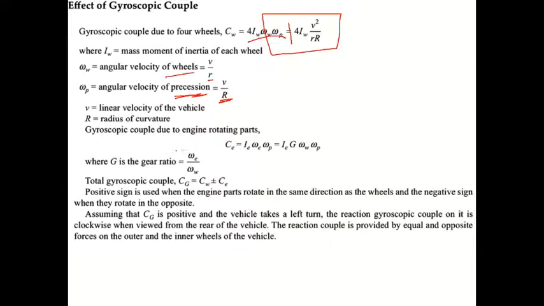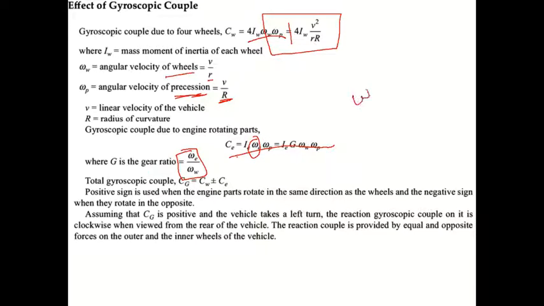Similarly, the engine parts are also rotating. The piston is rotating continuously, so it will also have a kind of gyroscopic couple on it. To find that, the formula is I_e omega_e omega_p.